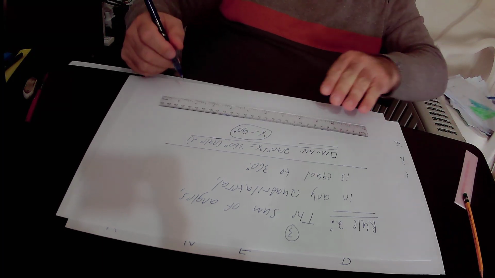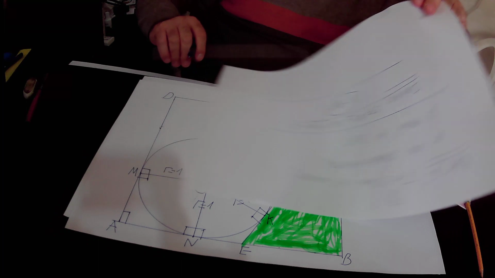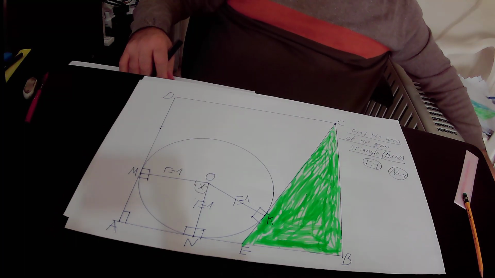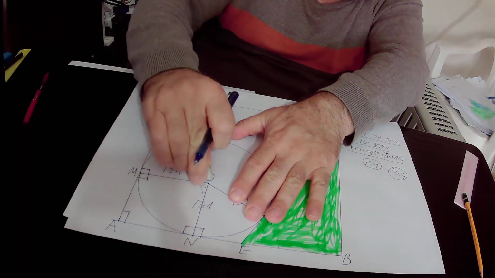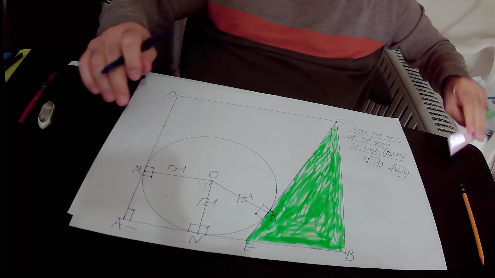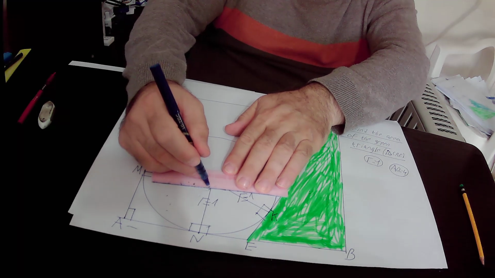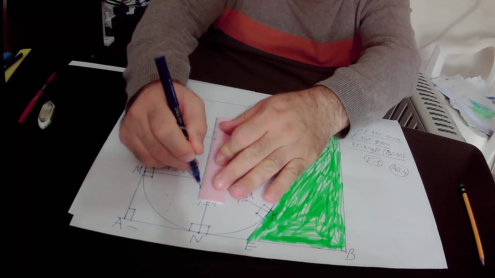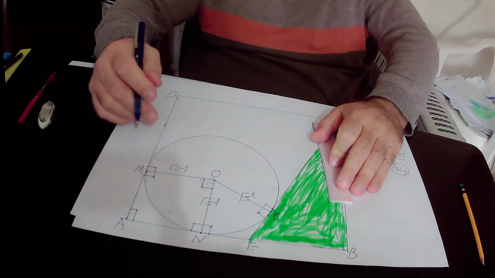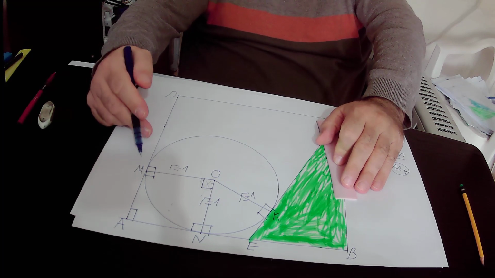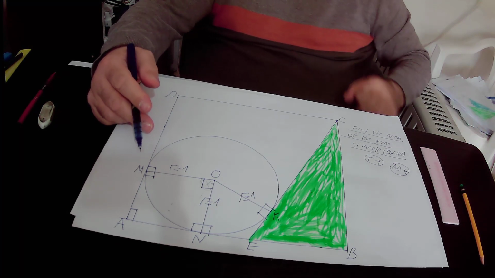So we found out that angle X is a right angle. We can substitute X by a right angle. So as you can see, all 4 angles inside quadrilateral MOAN are right angles. They are all equal to 90 degrees.